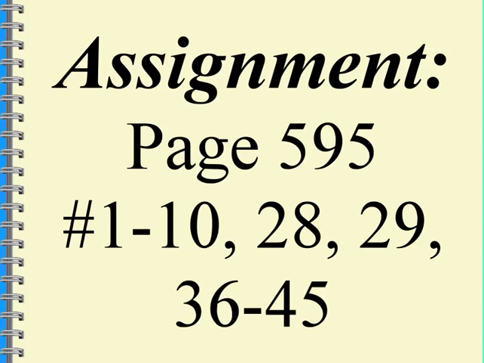We have 28 and 29, which is find the partial sum. And then we have 36 through 45, which is find the sum. I will cut that back: 36 through 44, the evens. That's the only one that you'll have evens on. So that is due tomorrow.